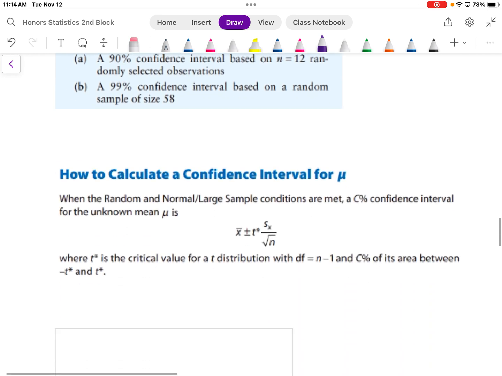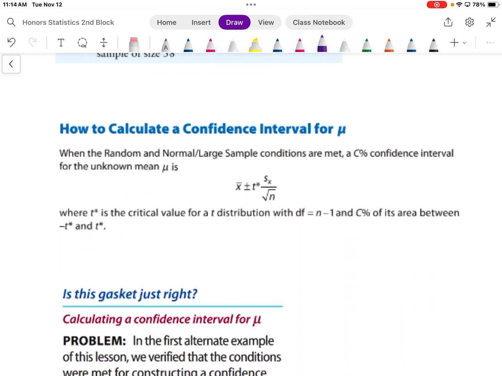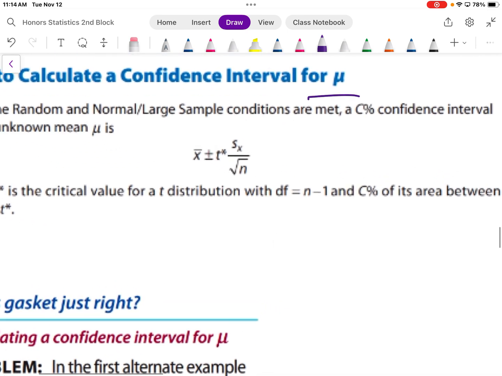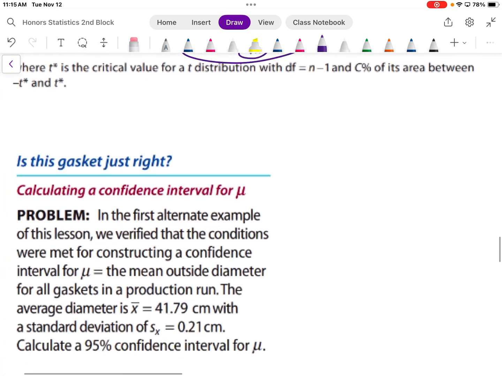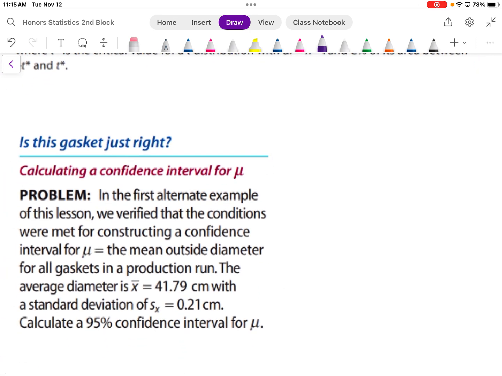How do we calculate a confidence interval for mu? Well, here is what it's based off of. It's x bar, our point estimate, plus or minus the T star times the sample deviation divided by the square root of n. We'll do one by hand, then I'll show you the calculator method next. In the gasket problem, remember we said conditions were met.